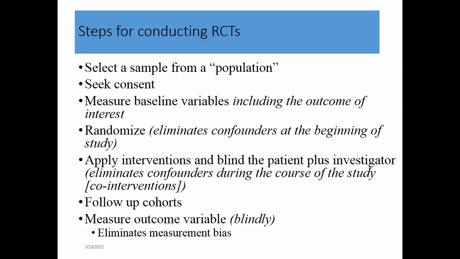Randomize, that is, by randomizing, we eliminate confounders at the beginning of the study. Those are the undesirable factors that can mimic the real effects which you are looking for. And then apply interventions and blind the patient plus investigator. That is, it eliminates confounders during the course of the study, or co-interventions.